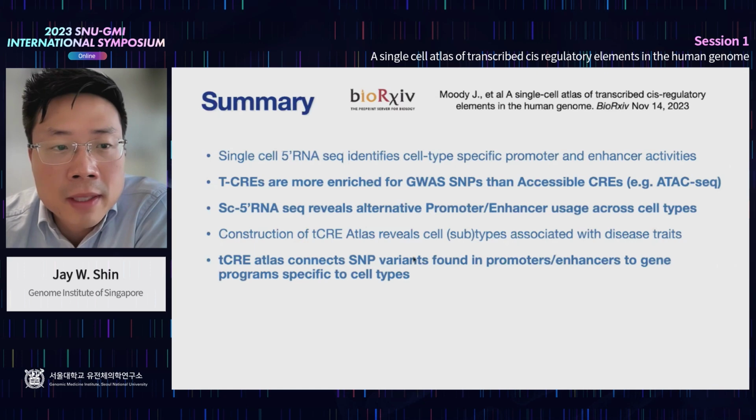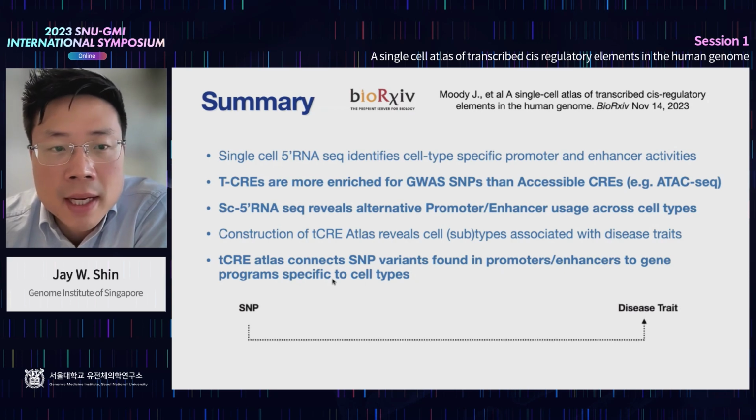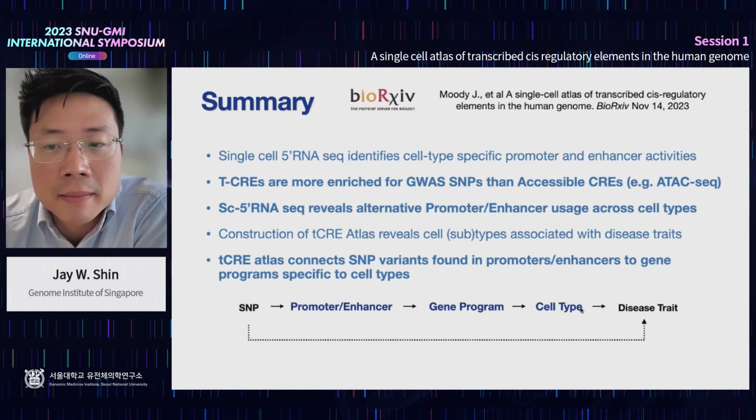And hopefully I've shown you that this TCR-ALX connects the SNP variants found in promoters to gene programs to specific cell types, where previously we were associating SNPs to disease traits, but now SNPs can be linked to a promoter or enhancer, which can then be linked to gene programs, which are part of a cell type that can lead to a disease trait.